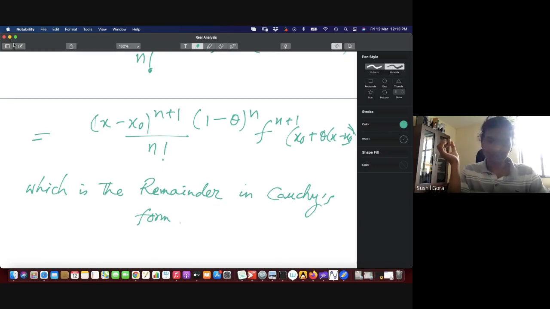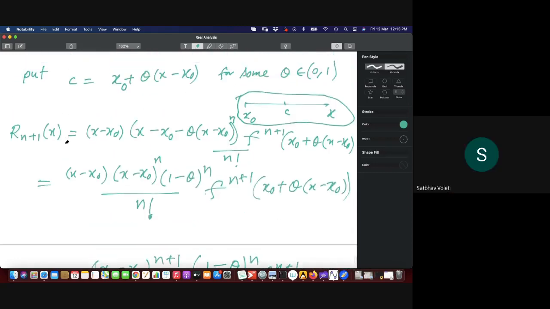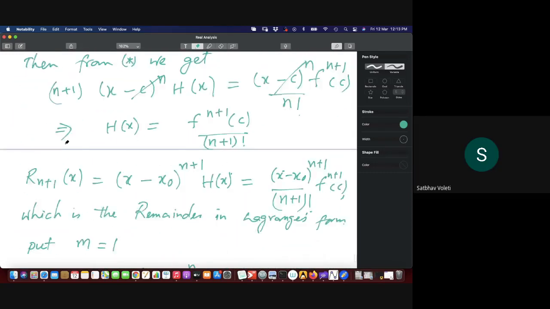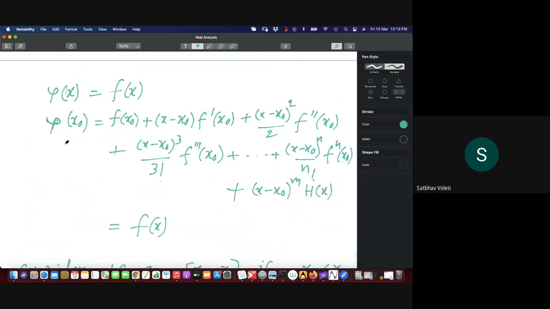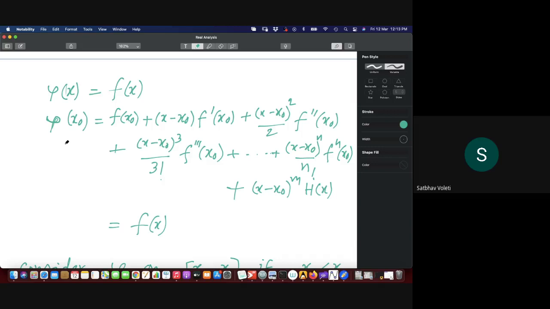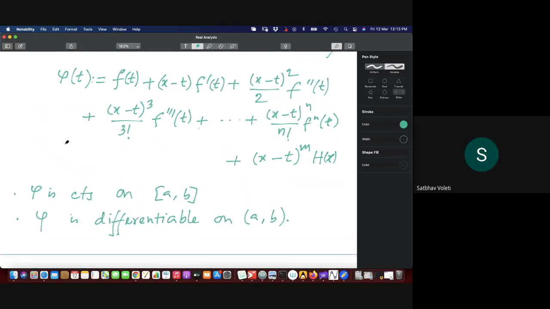Yeah, any question? Yes. When you were talking about the differentiability of phi, how did we argue? Okay, so they are all polynomial forms, and we only need to check the differentiability of the last term, because the rest of them are all just polynomials. We need n plus 1 differentiability of f n. Right.